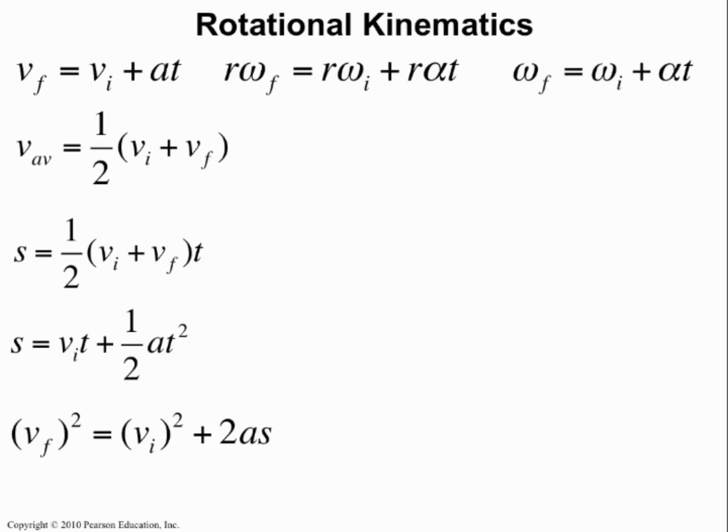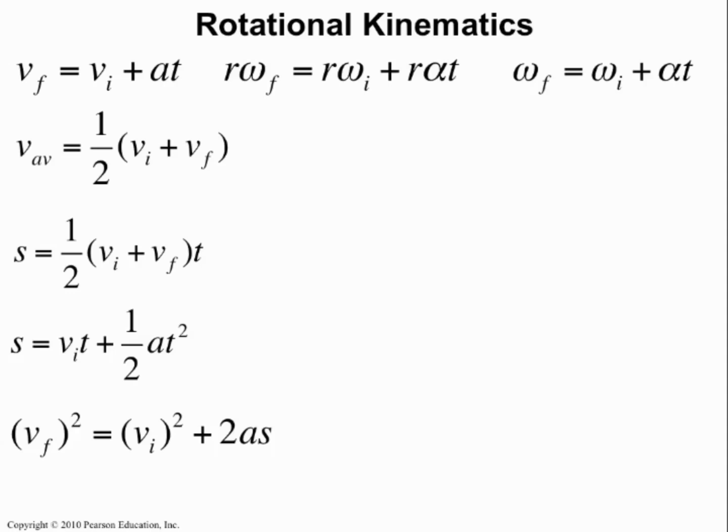And all this is saying is that the final angular velocity equals the initial angular velocity plus the angular acceleration times the time. Okay, now notice how similar it is, this formula on the right, to the one on the left. Vf equals Vi plus at, omega f equals omega i plus alpha t. Very similar.